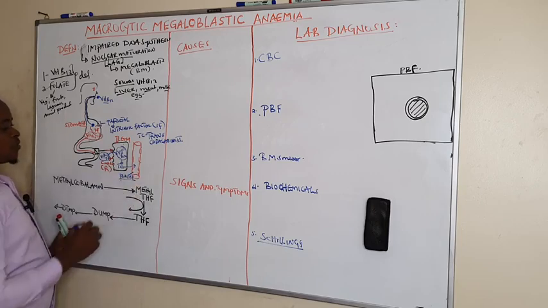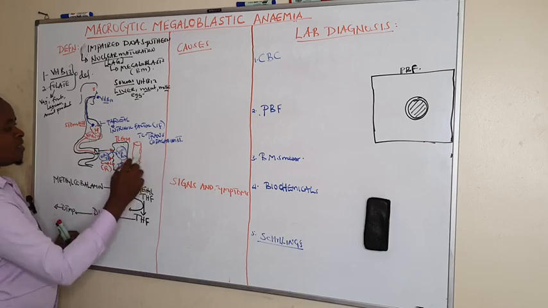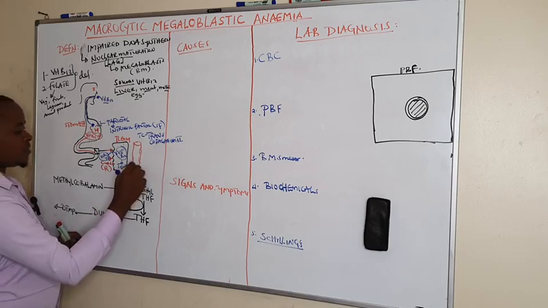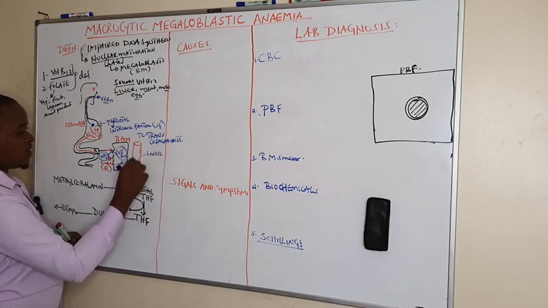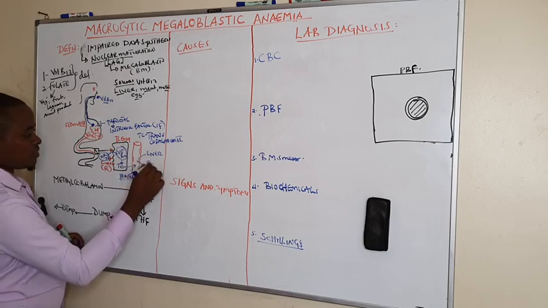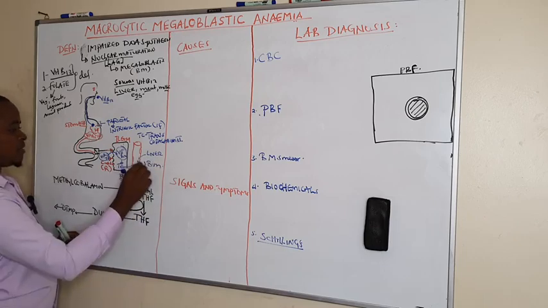And when it reaches the portal circulation, the transcobalamin vitamin B12 complex is taken to the liver, and other reticuloendothelial cells like bone marrow to be utilized.